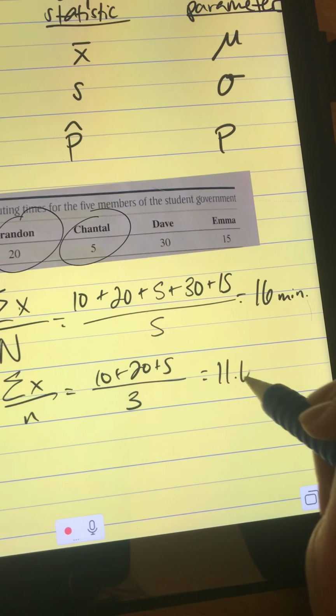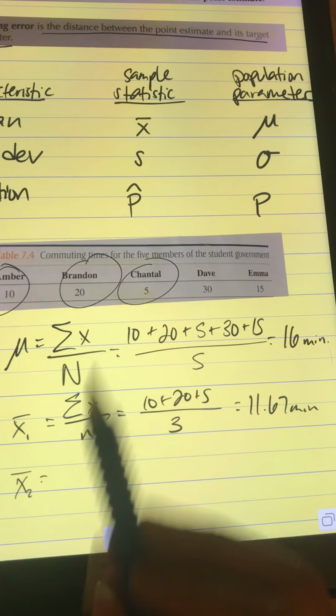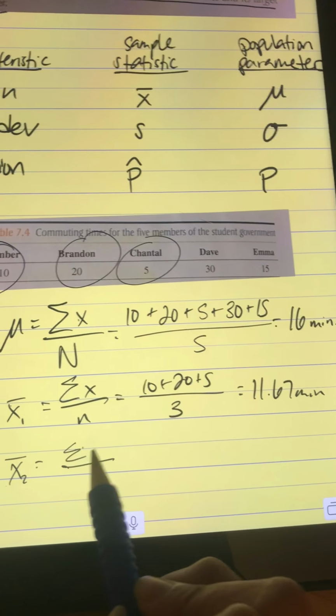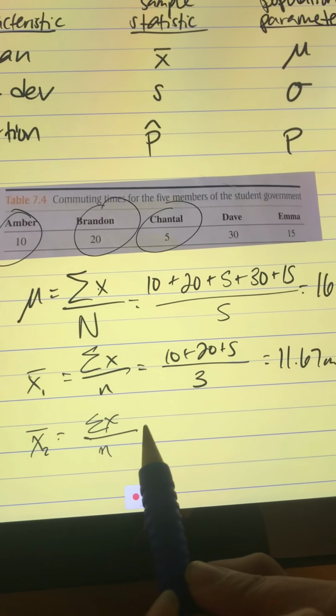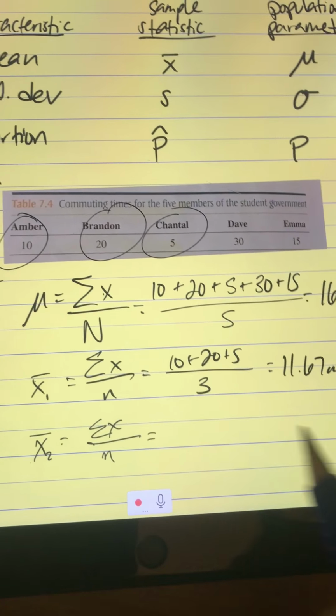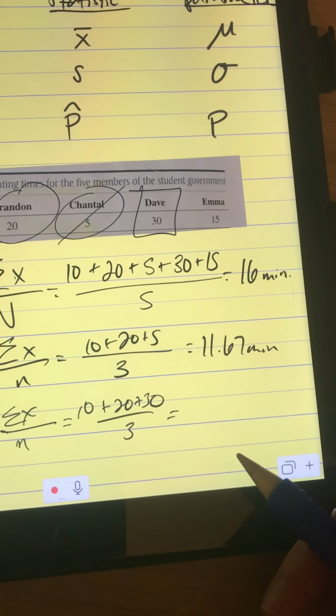Now, the reason I gave it a 1 here is because I can take a different sample with 3 different people and get a different number, using the same equation but choosing different people to be in my sample. So if I chose Amber, Brandon, and Dave instead of Chantal, then I'm going to have 10 plus 20 plus 30 with a sample size of 3 still, right?